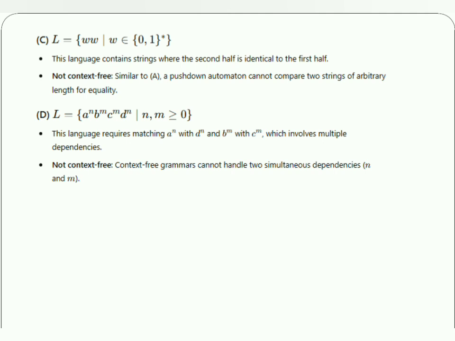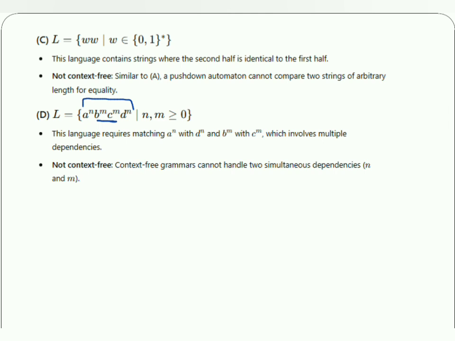And this one is also not context free, because a push-down automata cannot compare two strings of arbitrary length for equality. Next one, option D, L equals a power n, b power m, c power n, d power m, where n and m values are greater than or equal to 0. This language requires matching a power n with c power n and b power m with d power m, which involves multiple dependencies.